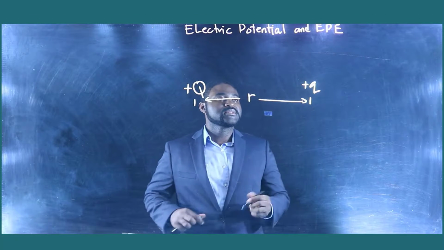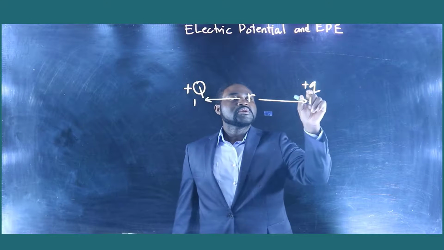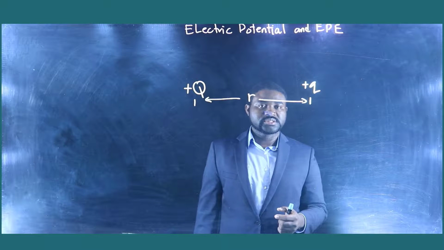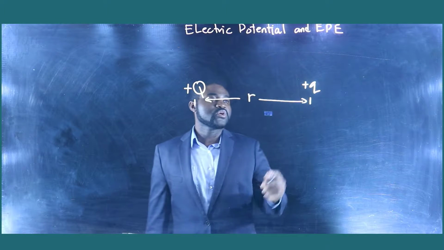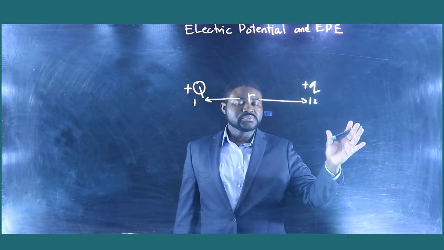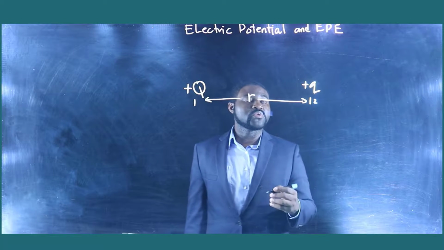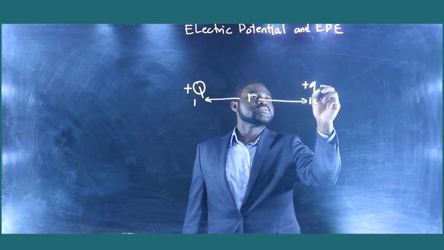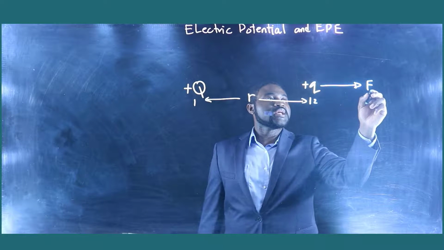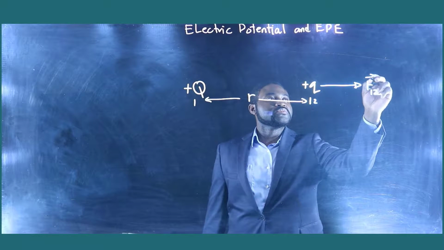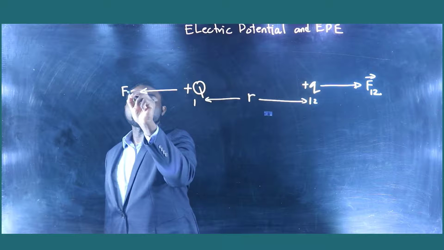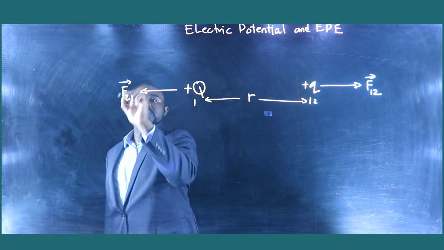We know that like charges repel and unlike charges attract. So what we expect is that 1 will be repelled by 2 and 2 will be repelled by 1. In other words, this is the force that 1 exerts on 2, and this is the force that 2 exerts on 1.